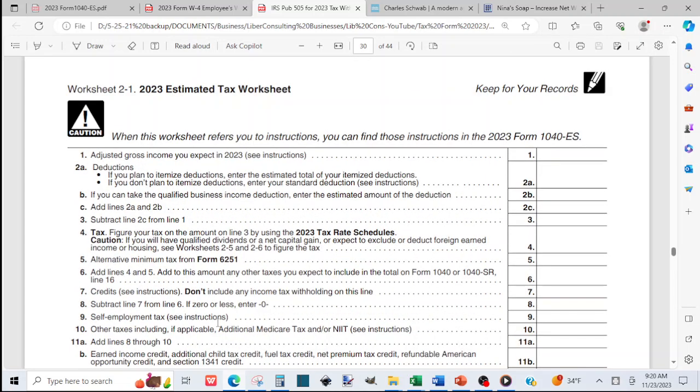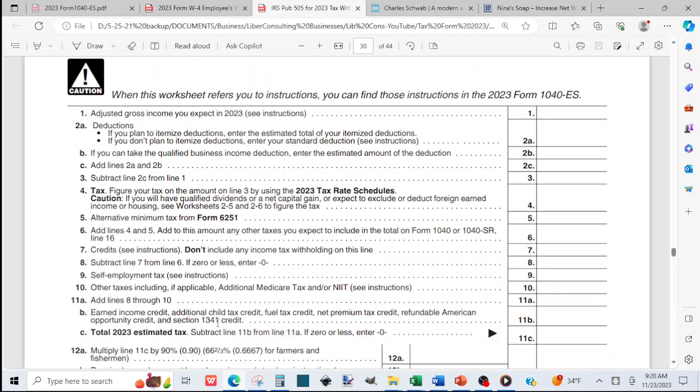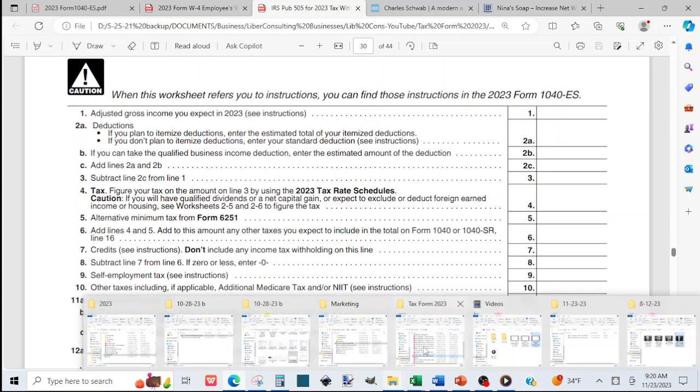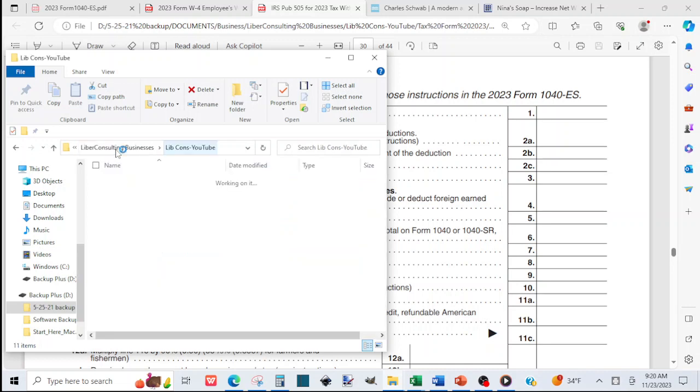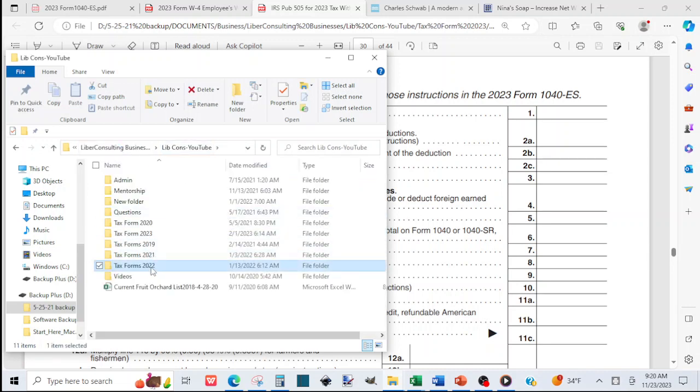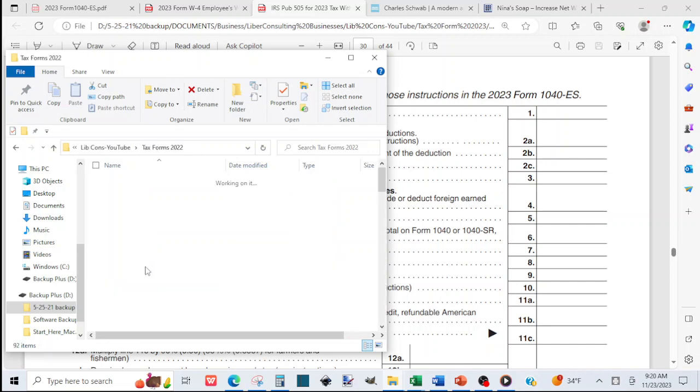Worksheet 2.1, the estimated tax worksheet. It will ask you for your adjusted gross income that you are expecting for 2023 or for the current year. It will be helpful to pull your last year's tax return to find your AGI on it.